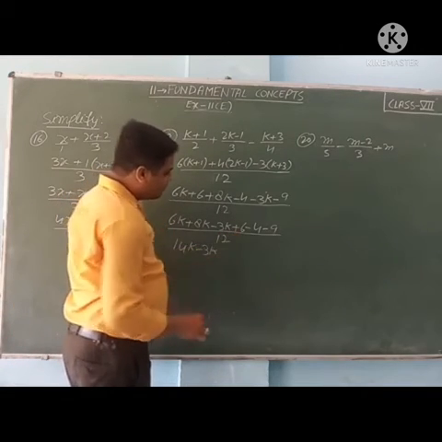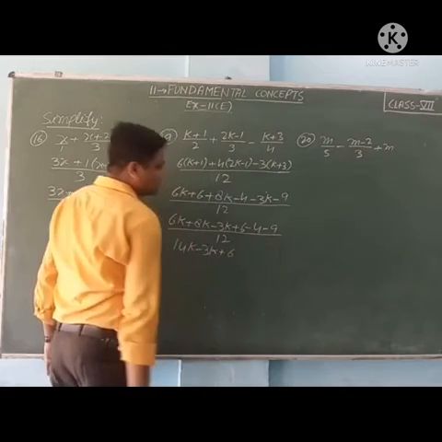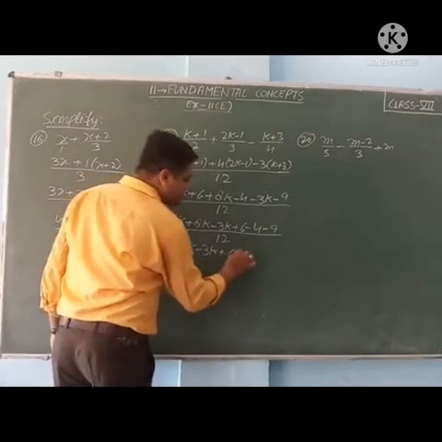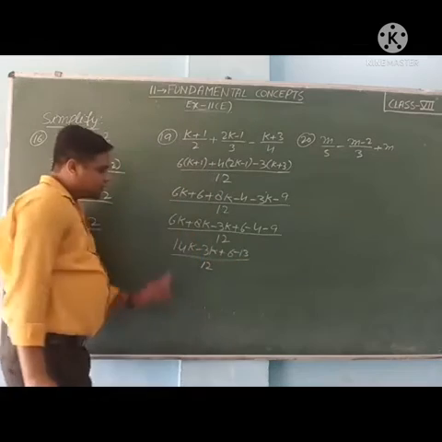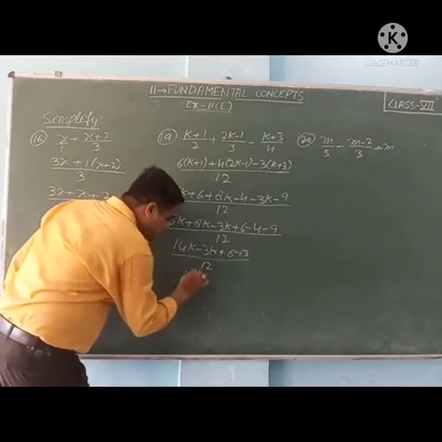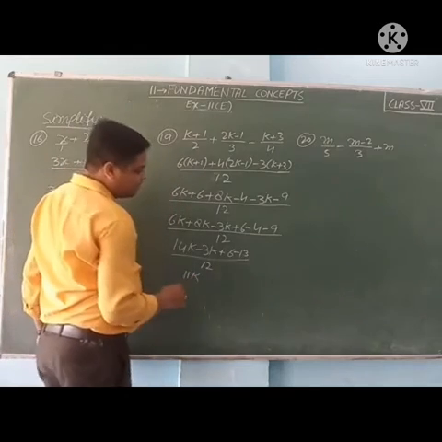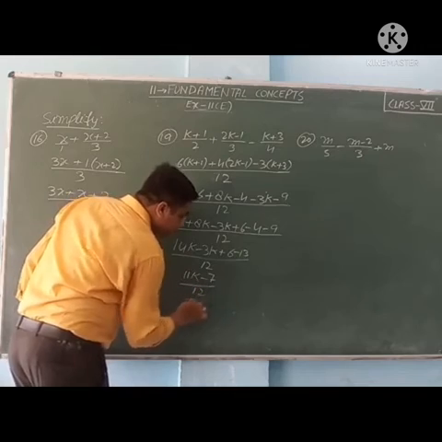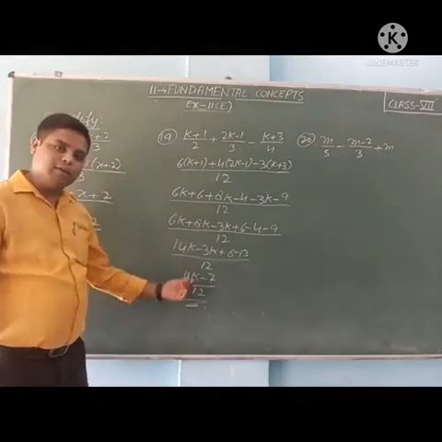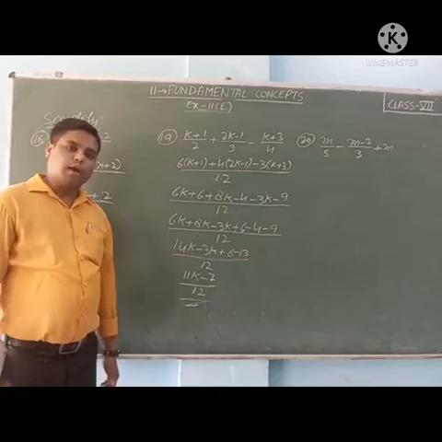Then only one positive, plus 6, the rest two are negative, minus 4 minus 9, so minus 13 upon 12. So 14k minus 3k, 11k, plus 6 minus 13, minus 7 upon 12. So students, the answer is 11k minus 7 upon 12.